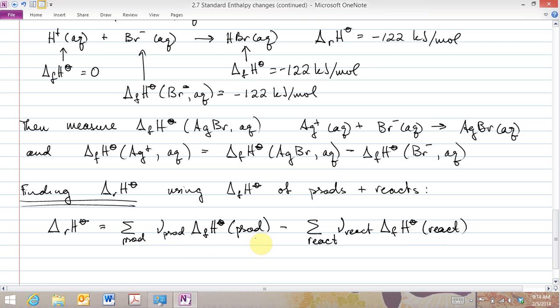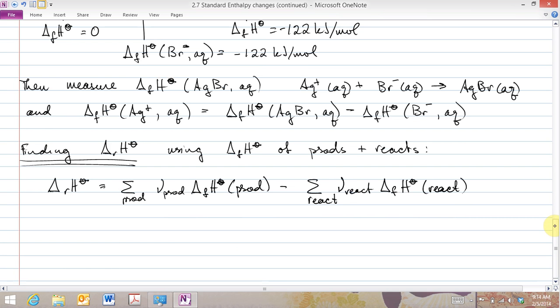So you sum each one of these components for the product, and from that you subtract the sum of the enthalpies of the reactants.